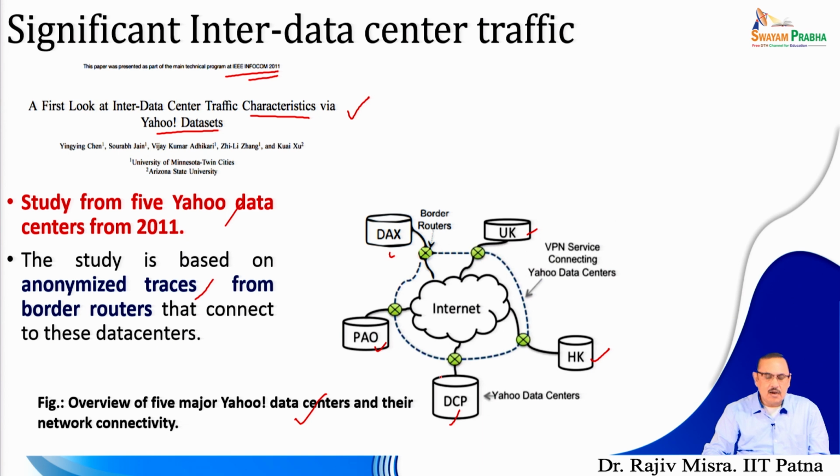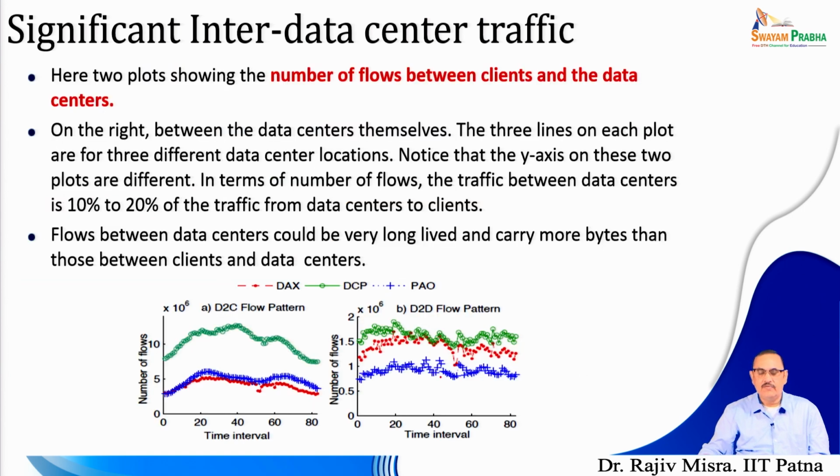Now, these are inter data center traffic. How this particular traffic is moving across the data centers is going to be an important observation, expressed in this paper, which will show you the requirement of this kind of inter data center traffic.